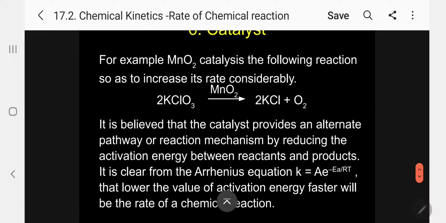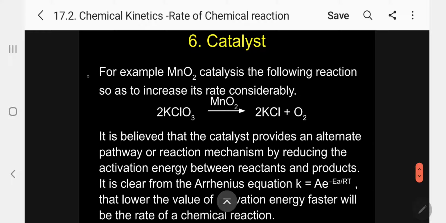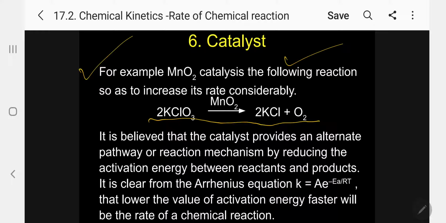For example, I will give a specific example. MnO2 catalyzes the following reaction, that is, decomposition of potassium chlorate to produce potassium chloride and oxygen. If you consider this reaction, without MnO2 the rate will be very slow. But in the presence of MnO2 catalyst, the rate will be faster.